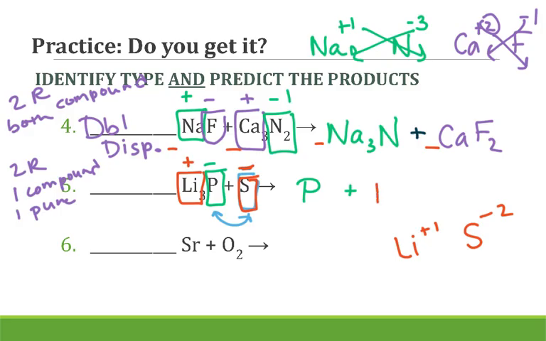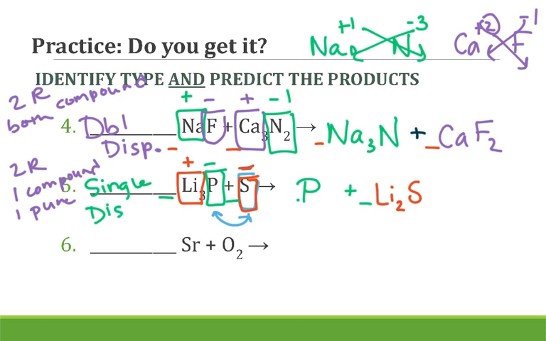So we end up with Li2S when we do our drop and switch. And then we would need to go through and balance after the fact. So this one, I didn't actually say what it was. That one is single displacement. One thing is getting switched out of the compound. The thing that's by itself is getting switched in.